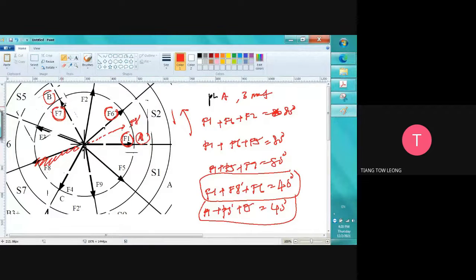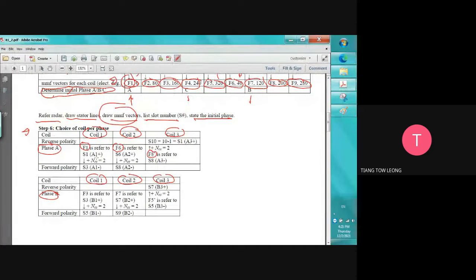So F7 will directly choose F3. And then we reverse F5, which means it becomes F5 prime. So B will choose F7, F3, and F5 prime. So this one is no longer available. So have a look. B is F3, F7, and F5 prime. Until here, okay or not?